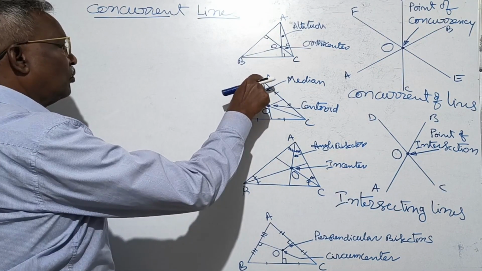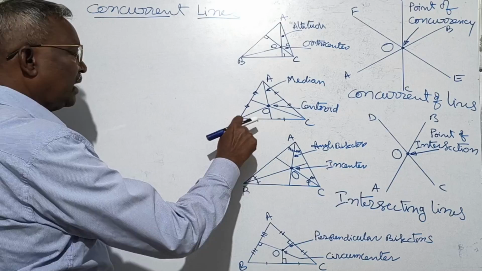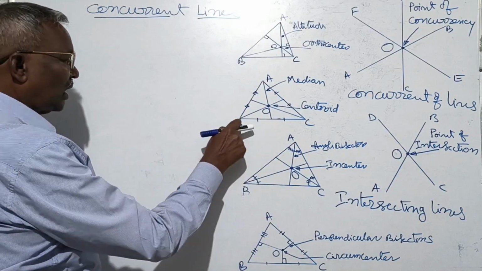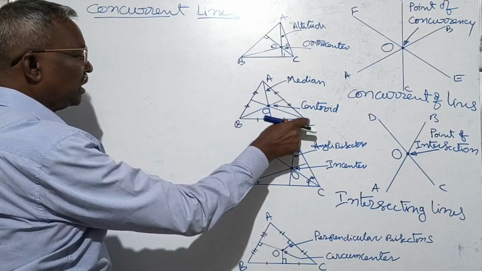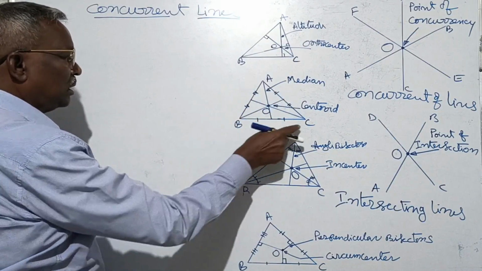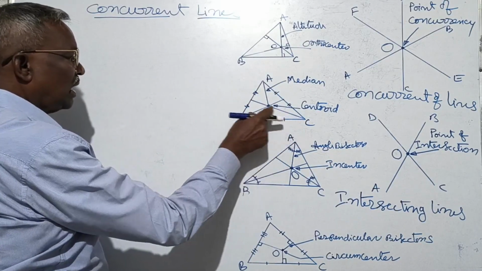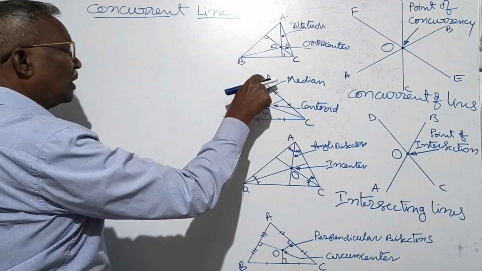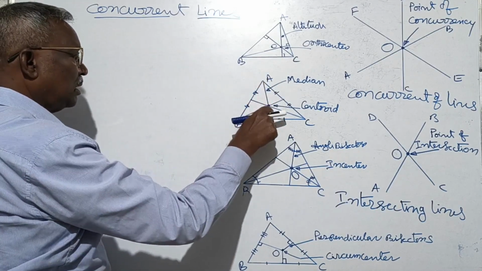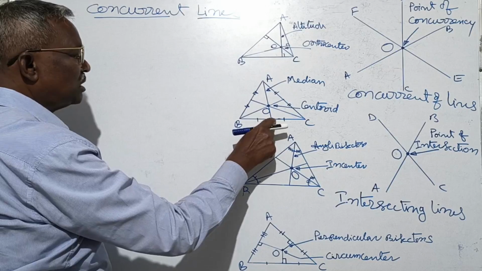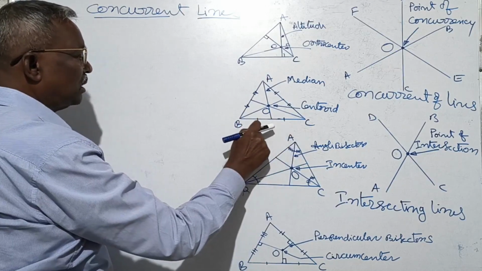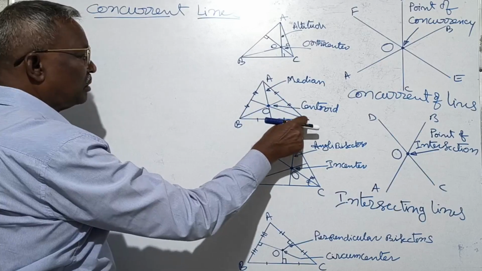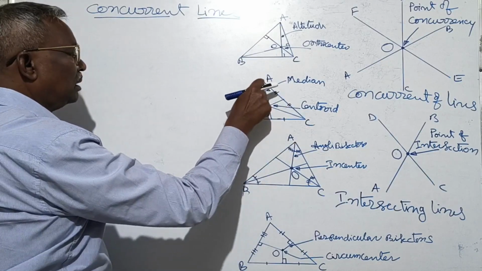Next, from a vertex, a line bisecting the opposite side means this is the midpoint of the line BC. Similarly, this is the midpoint of CA.